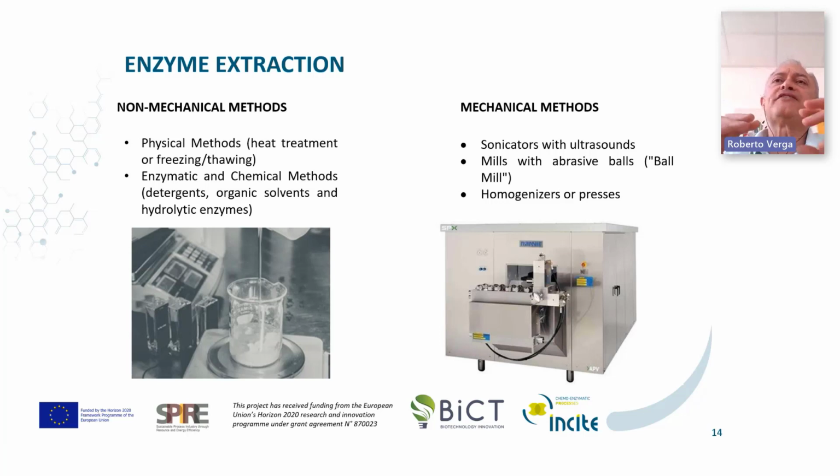They are submitted to a high pressure, at least 800 bars. Then we reduce drastically the pressure, and passing from the high pressure to atmospheric pressure, I get the cell disruption. In this case, it's more comfortable because I don't have glass beads and so on. In INCITE process, we use this one.